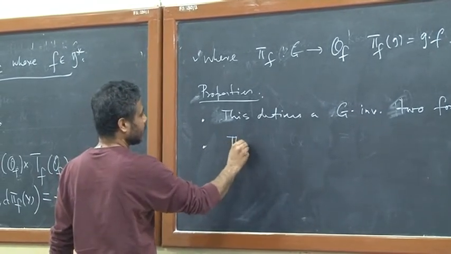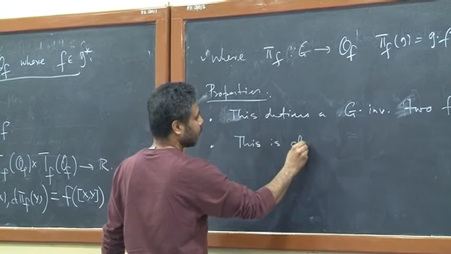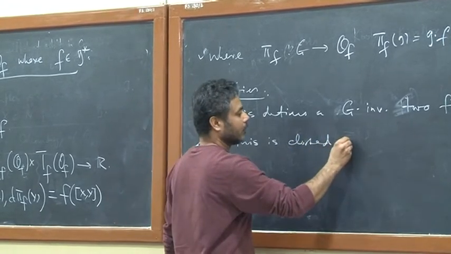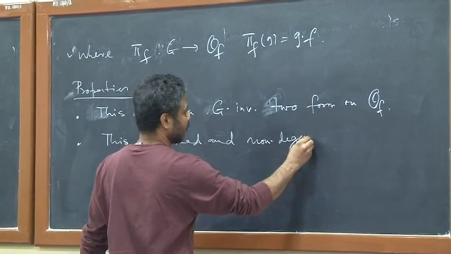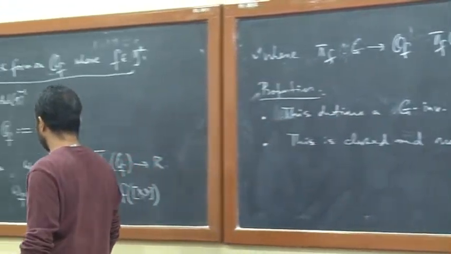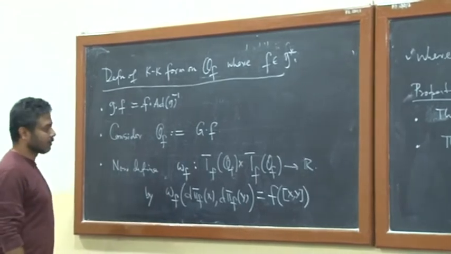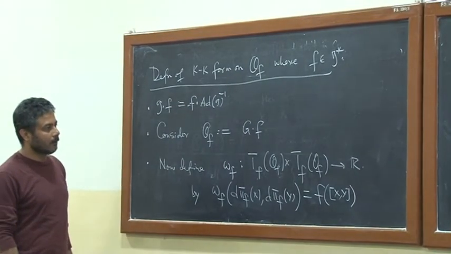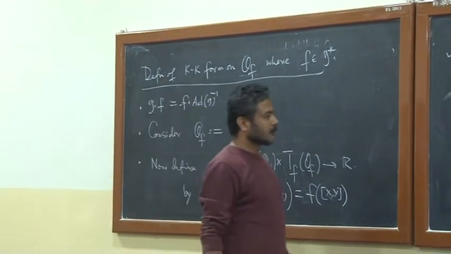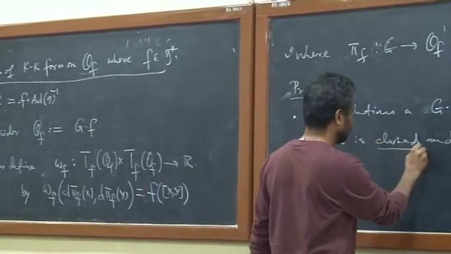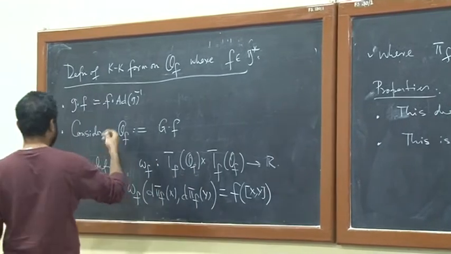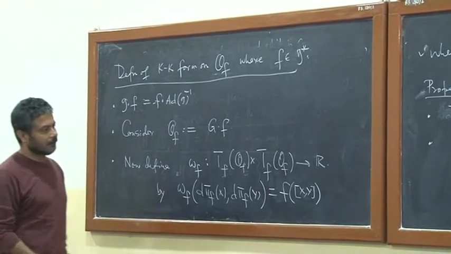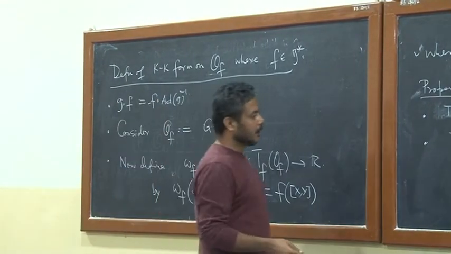This is closed. Non-degenerate. So this is the definition of the Kostant-Kirillov form, and this makes the coadjoint orbits a symplectic manifold.